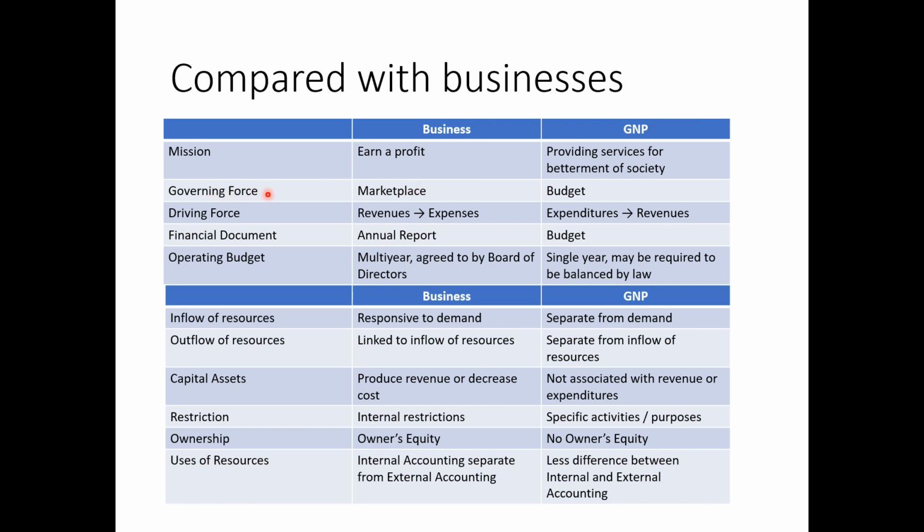If you look at the governing force, the business is governed by the marketplace, but the government and not-for-profit are governed by the budget. So the budget is a very interesting difference between government, not-for-profit, and a business. For business, we also have the budget, but it is usually used internally, helping managers plan and make profit.